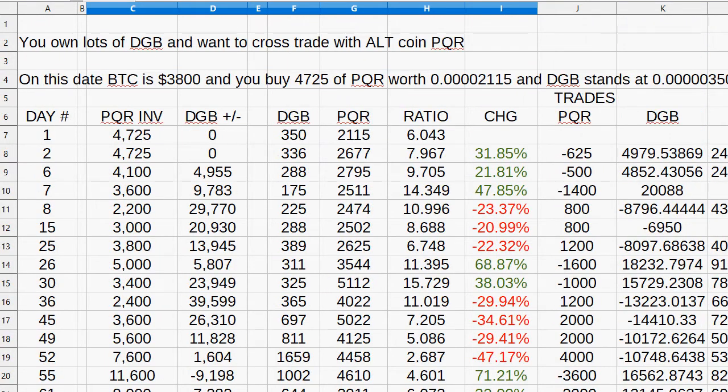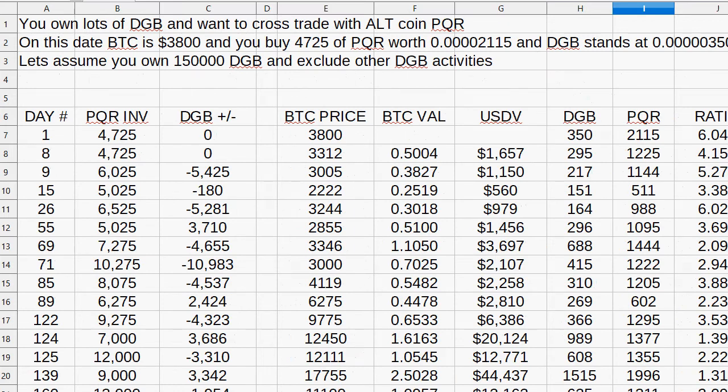So I did another one. Let's assume in this example that you had 150,000 DGB, and that was after you made a major purchase. So you had 150,000 DGB and 4,725 of these PQR when you start.